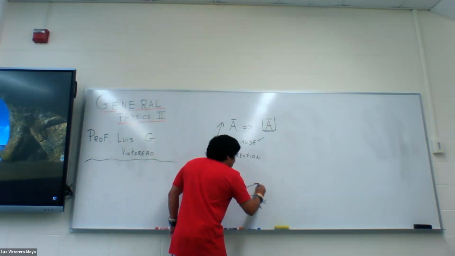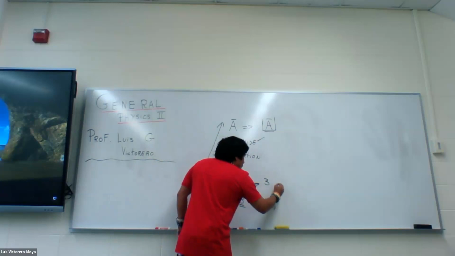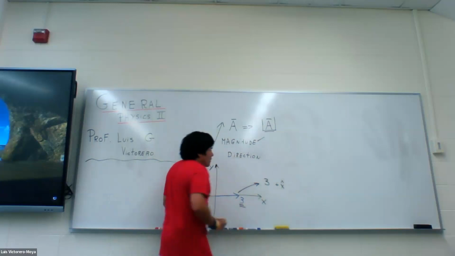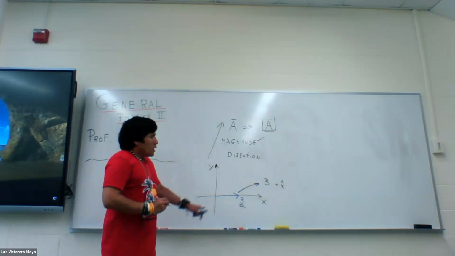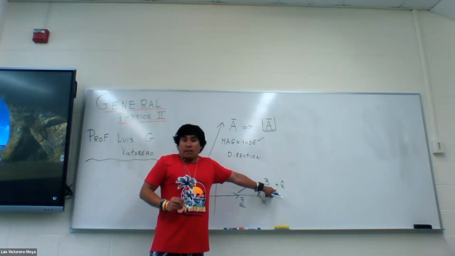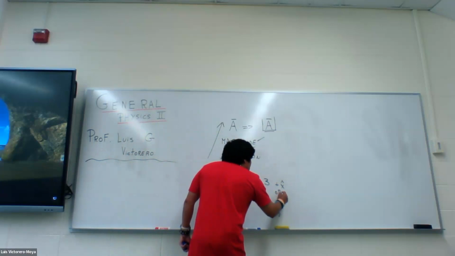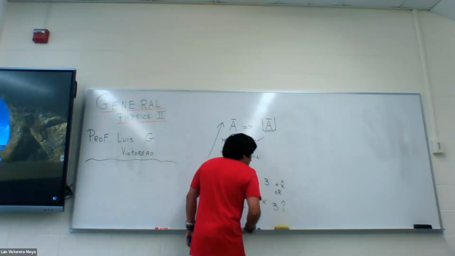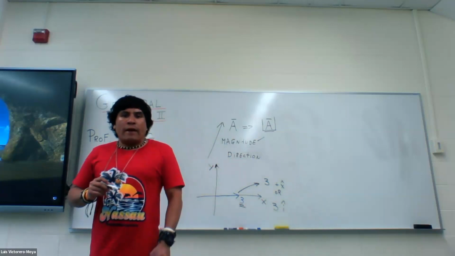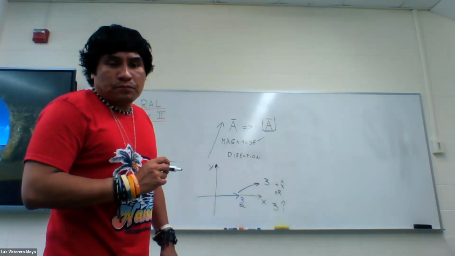So I will say that this vector, in vector notation, will be 3 on the positive x direction. However, in physics or in mathematics, we also label this as 3i, where i is a unit vector on the x-axis.